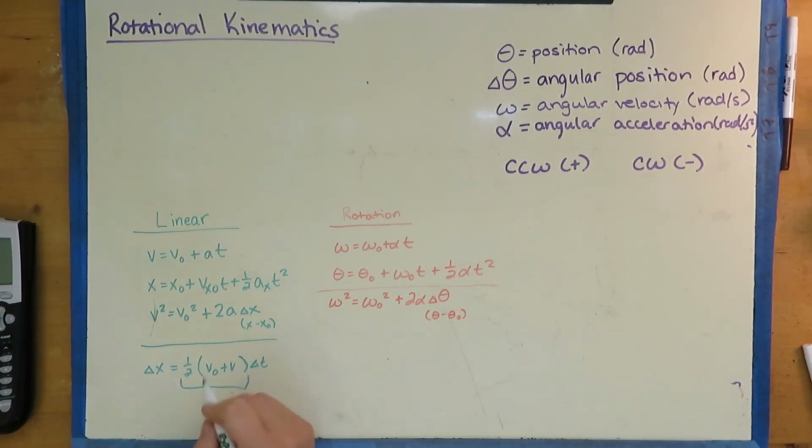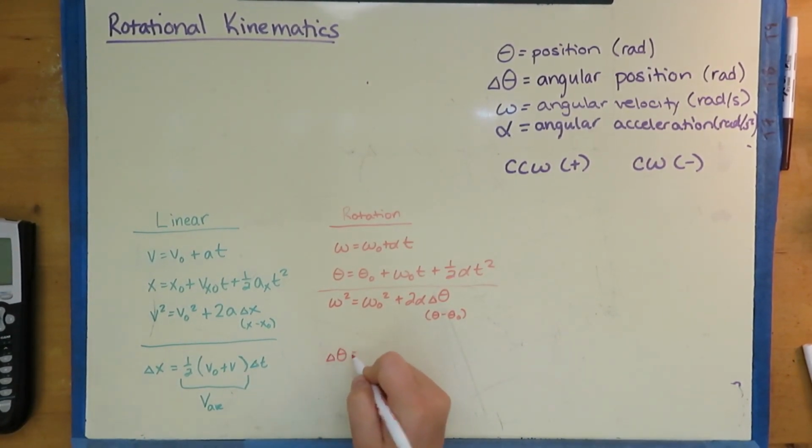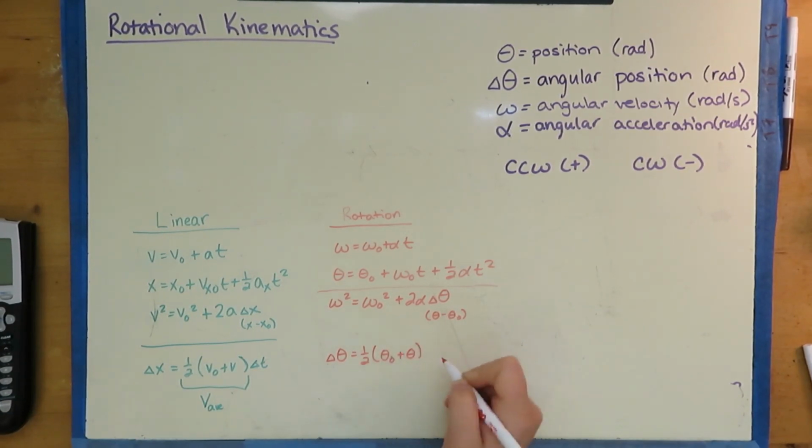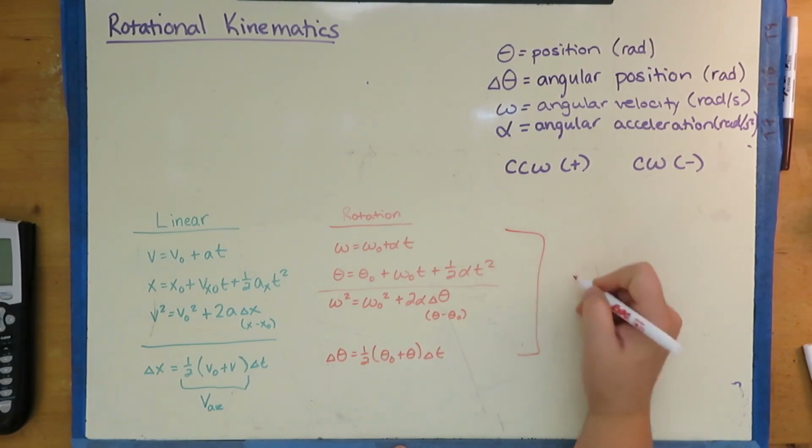Remember, this is our definition of average velocity: just two velocities divided by 2. This equation's not on there, but it would have an equivalent equation, which would be delta theta equals 1/2 times theta 0 plus theta times delta t. And remember that always with these equations, you work in radians.